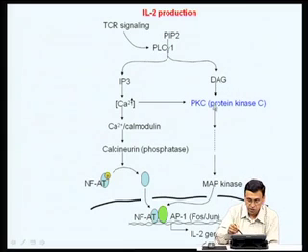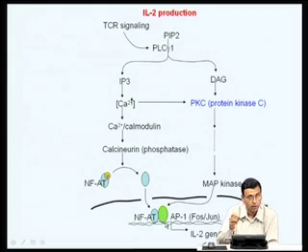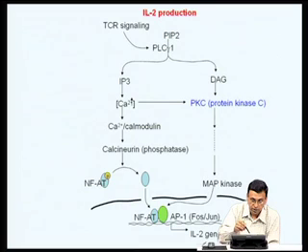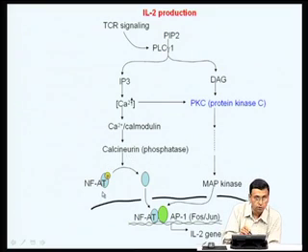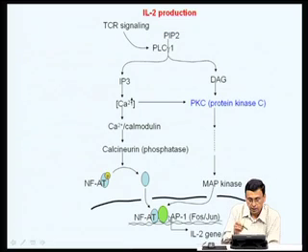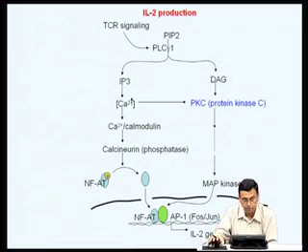Diacylglycerol activates protein kinase C. Protein kinase C, through MAP kinase signaling, activates AP1 as well as NF-kappa B. The inositol triphosphate also produced by phospholipase C releases intracellular calcium. This calcium binds to calmodulin, and the calcium calmodulin activates calcineurin, which is a phosphatase. Calcineurin dephosphorylates NF-AT, and the dephosphorylated NF-AT goes into the nucleus, binds to the response element together with AP1 as well as NF-kappa B, and induces IL-2 gene expression.